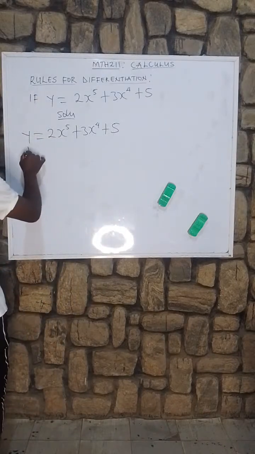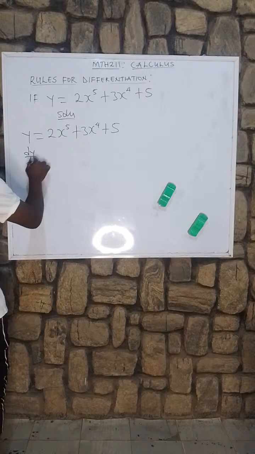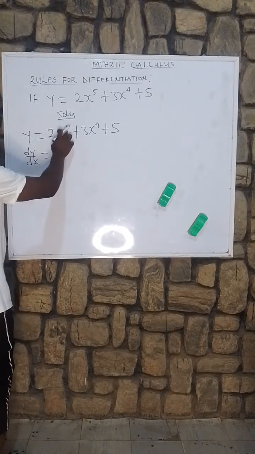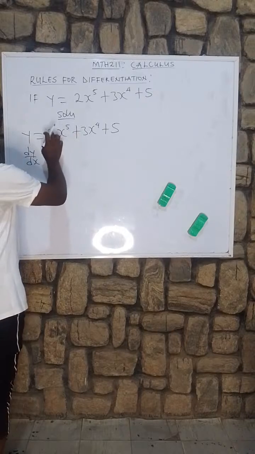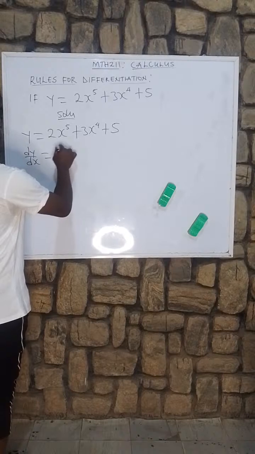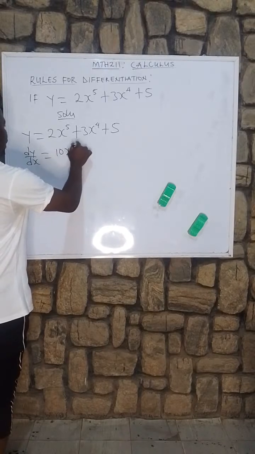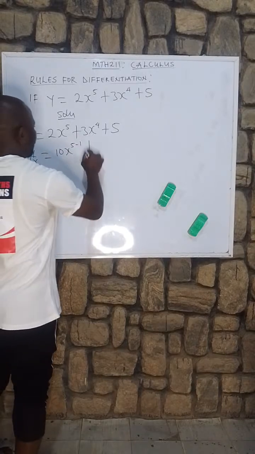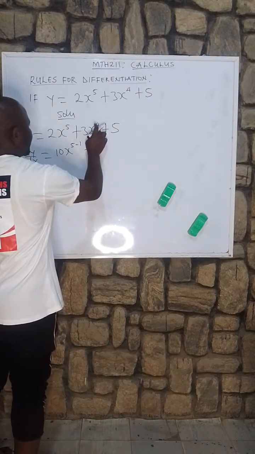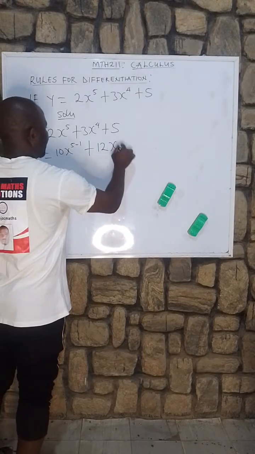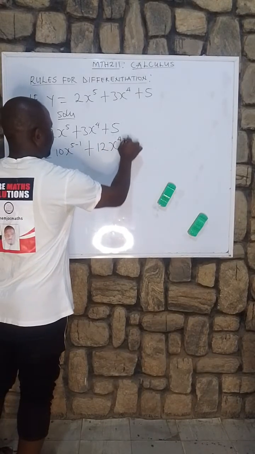So it means your dy over dx is equal to, according to the formula, what is here? 5. What is here? 2. So 5 times 2, 10x raised to the power of 5 minus 1. True or false? Plus, what is here? 4. 4 times 3, 12x raised to the power of 4 minus 1.